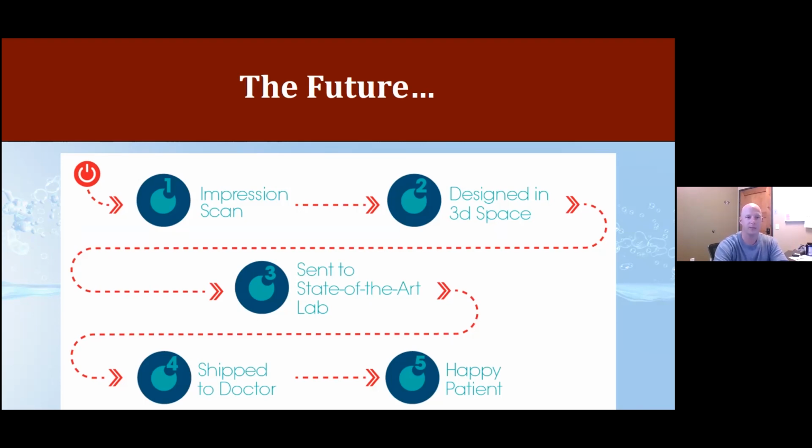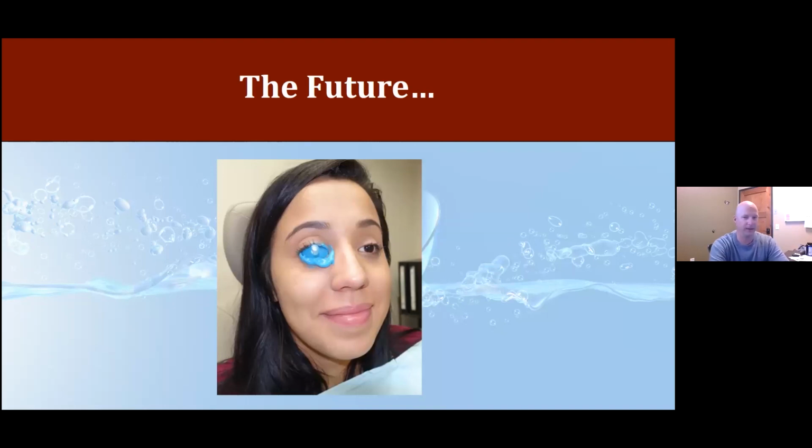So this is the process of something that we call the iPrint Pro lens, which is something that's now available. The iPrint Pro is very interesting. You may wonder what this blue goo is. I've actually had this done on my eye to see what it was like. It's not painful at all. But the blue goo is a dental impression material that's been FDA approved for the front surface of the eye. And it helps the contact lens practitioner to be able to take an exact mold of the patient's eye who has keratoconus.